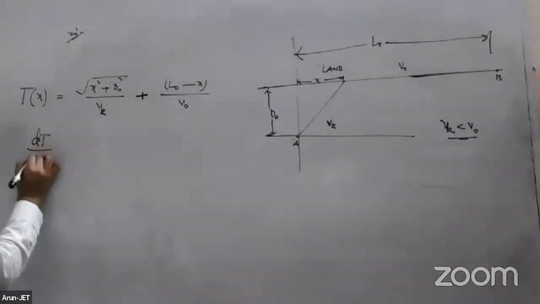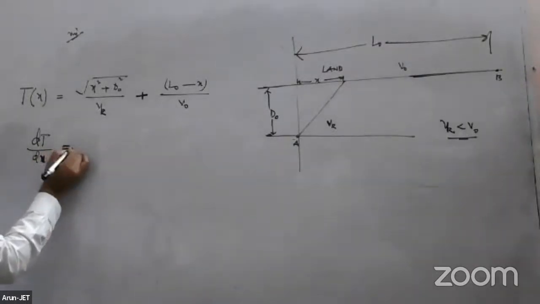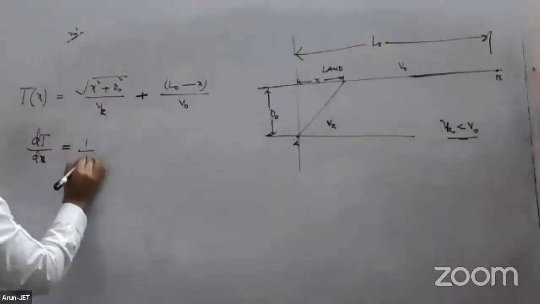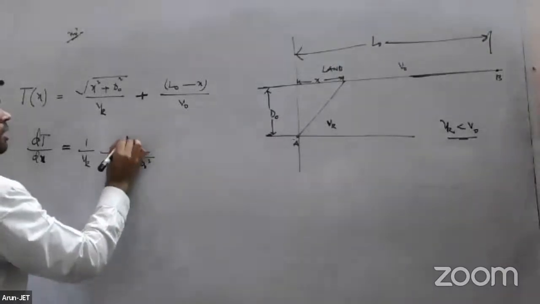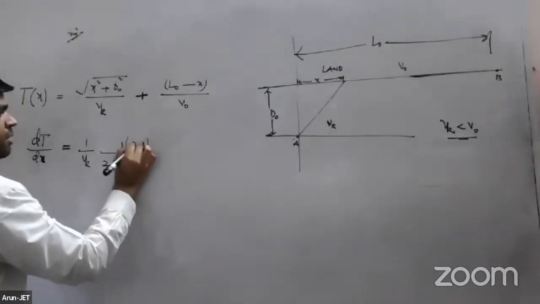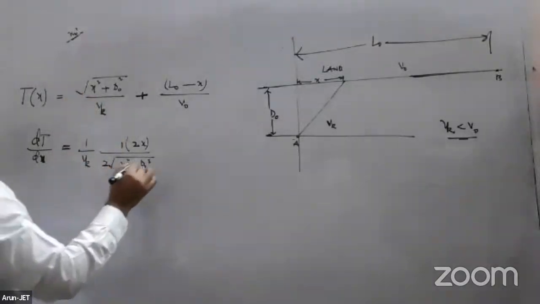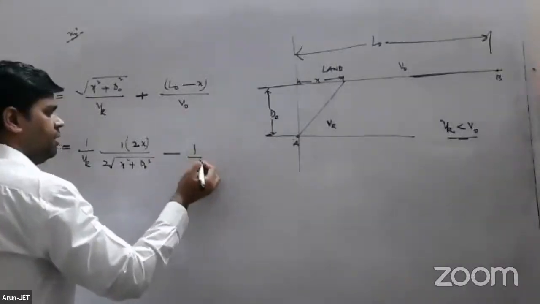Now differentiate this, dT by dx. What is the derivative of this one? 1 by 2 into 1 by under root x square plus d naught square, into 2x, right? In the numerator, I go inside the function, I get 2x. Yes, sir. Minus 1 by V naught.